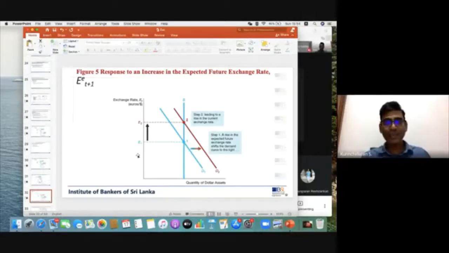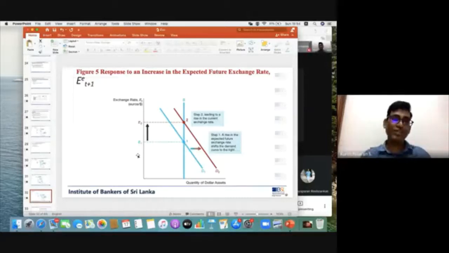The investors think about the expected future exchange rate, where capital E is the exchange rate, small e means expected, and T plus 1 means today plus 1, tomorrow.